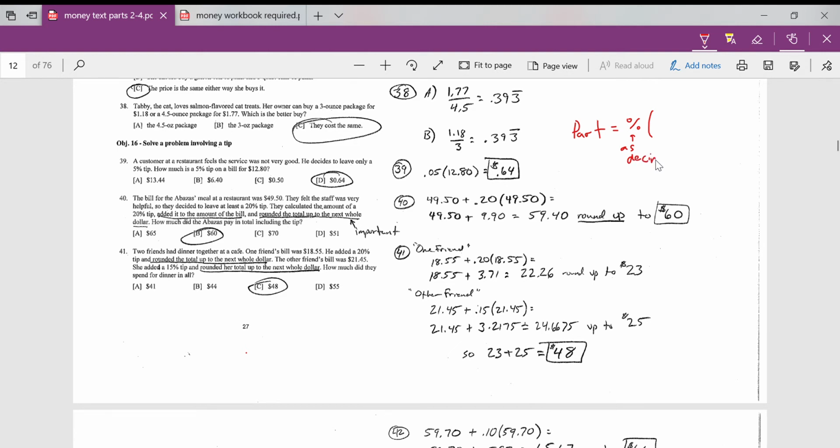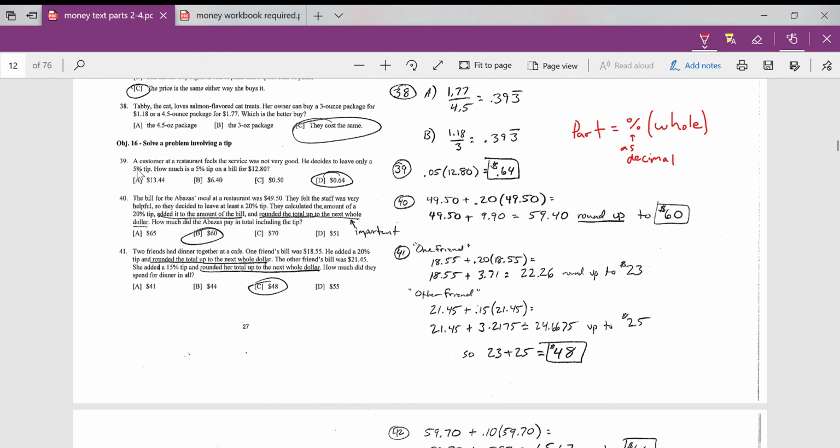Sorry, it takes a little while to write that. Percent as a decimal times whatever the whole is. So if they say 20% of your bill, you would change 20% to a decimal, times it by whatever the bill is, and that gives you your tip. So let's take a look at these problems.